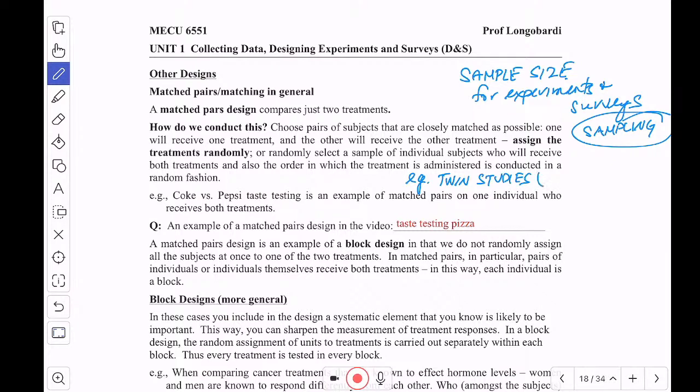So identical twins in particular, identical twins who have all the same genetic makeup, when we study one treatment on one and a treatment on the other, provided they were raised in the same environment, we can actually see the different effects of the treatment, right? So twins are very popular in research. Also, twins that were separated at birth are very interesting to study.